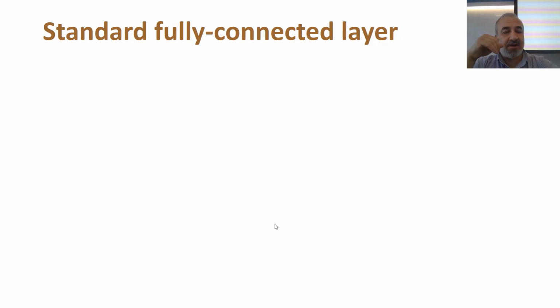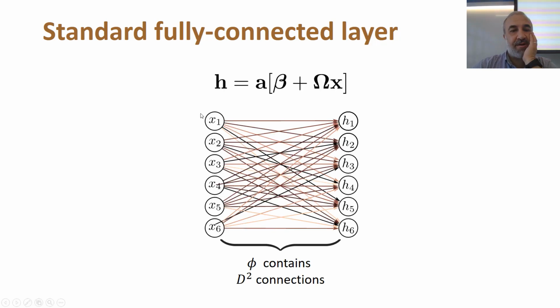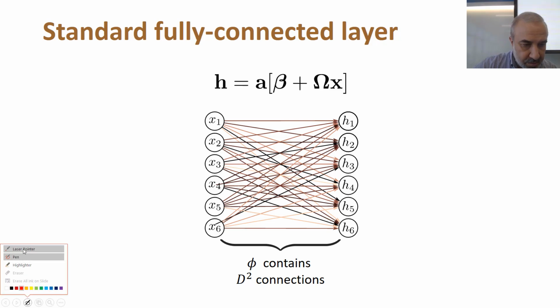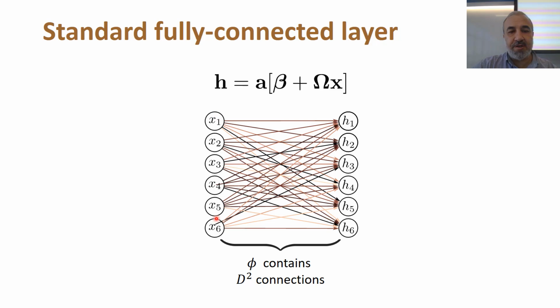Now let's try our favorite fully connected neural network. That's all we learned so far. So let's assume that we have the input vector here, and we have the output vector here, and this is just one layer, one fully connected layer as we are used to.